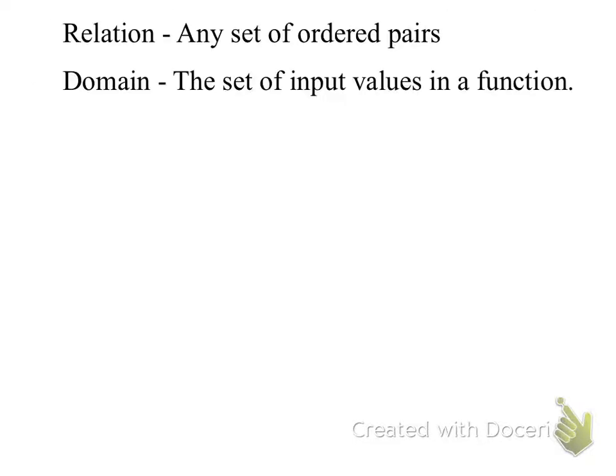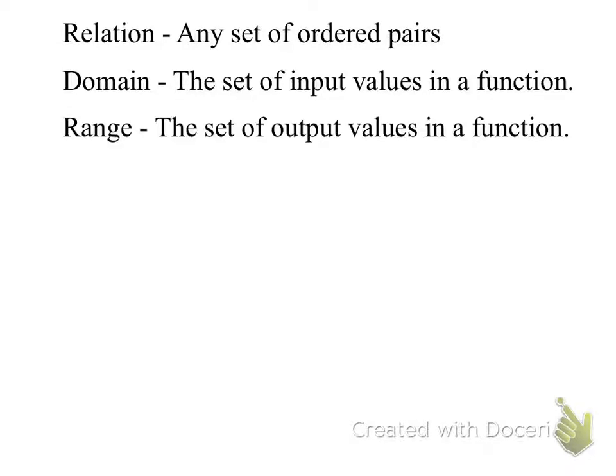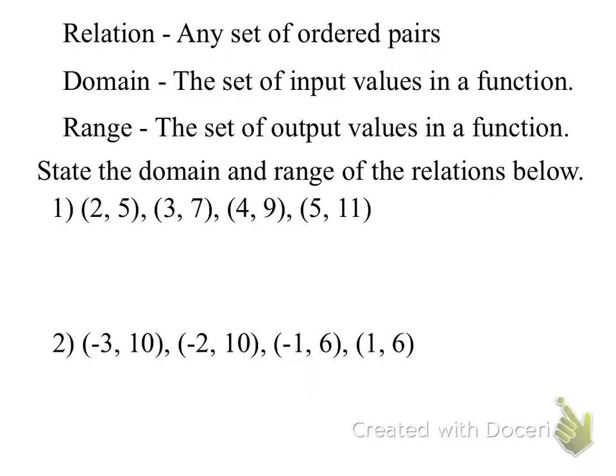All right, so now we talk about relations, domain, and range. We said our domain is our x values, our range is our y values. So, x values, y values. These are our x values, and these are our y values.